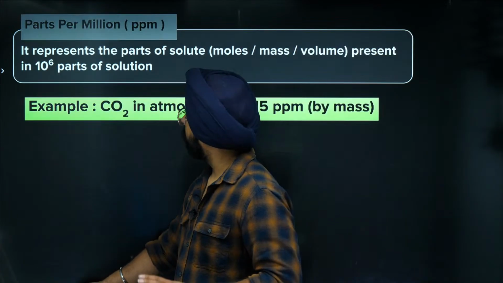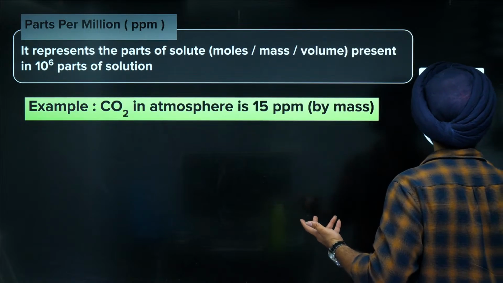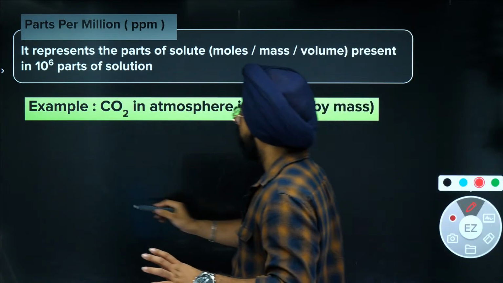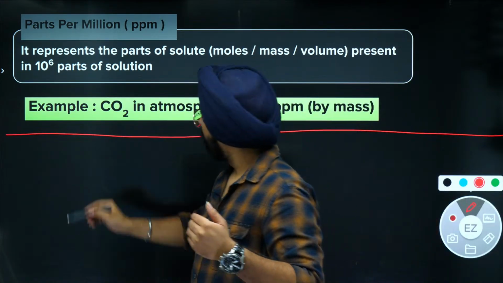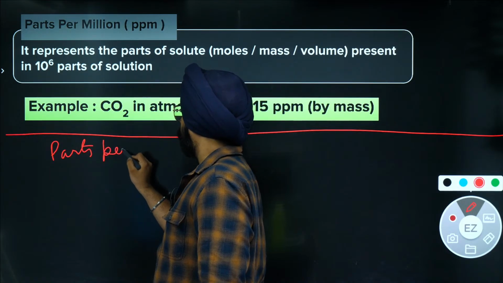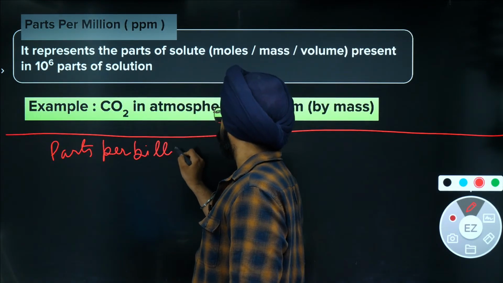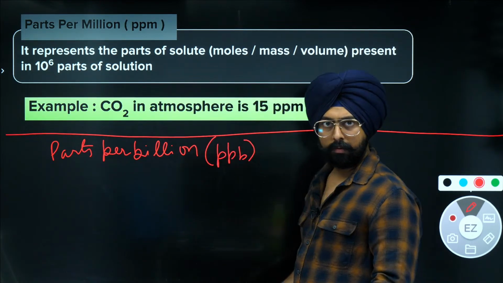Okay, that's done. Parts per million is clear. Similarly, you have parts per billion. This is parts per million. Same thing is parts per billion. You write it as ppb.